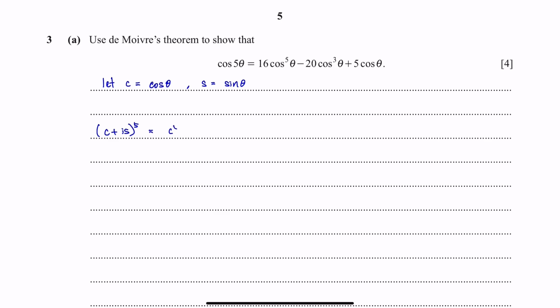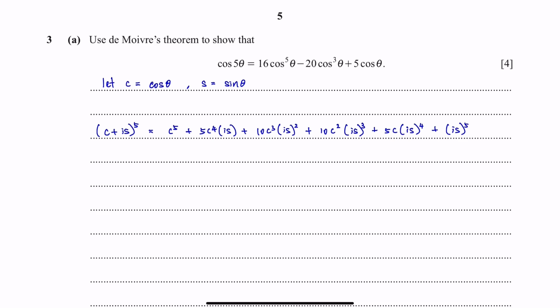And this would be c to the 5 plus 5c to the 4 times is plus 10c cubed times (is) squared plus 10c squared times (is) cubed plus 5c times (is) to the 4 plus (is) to the 5.